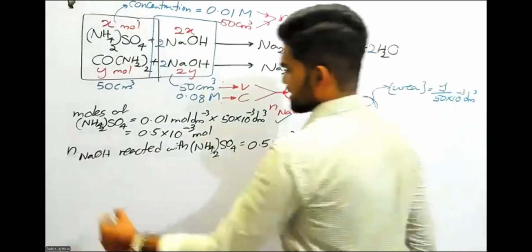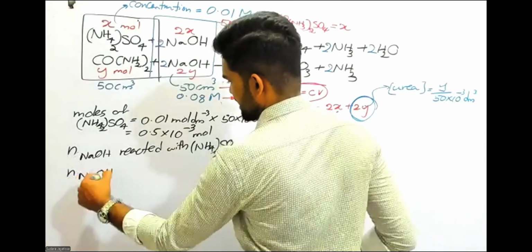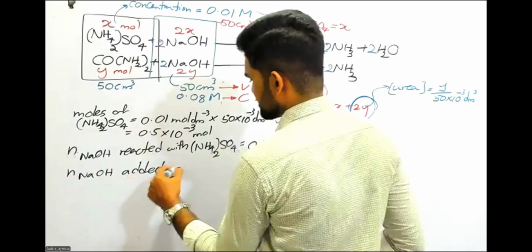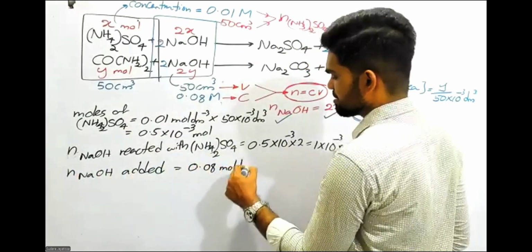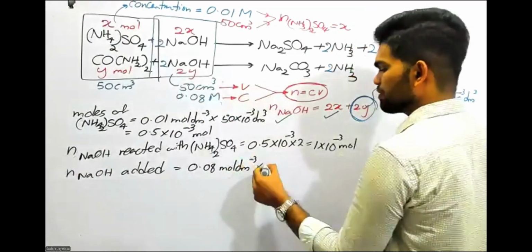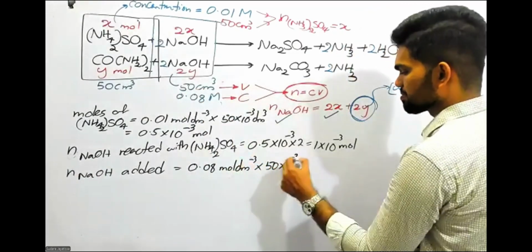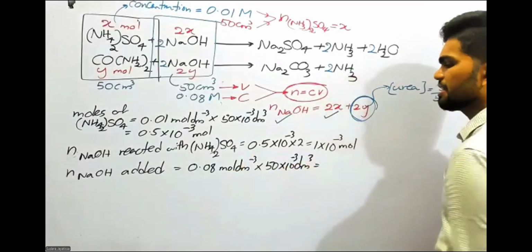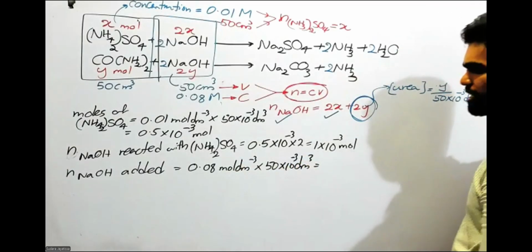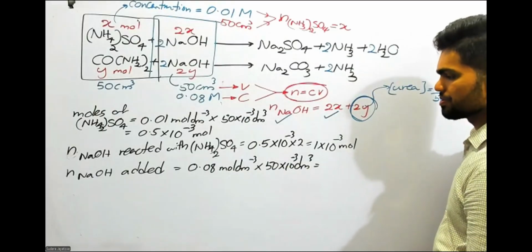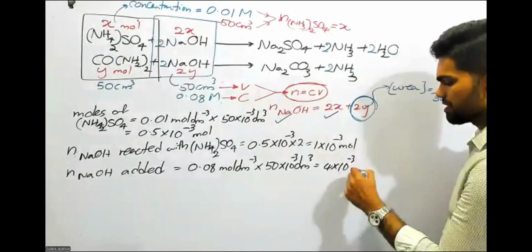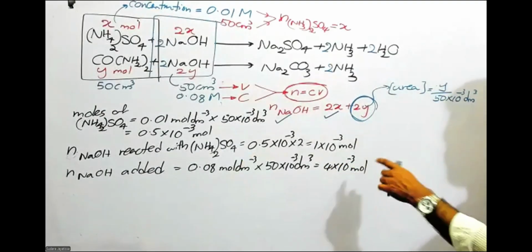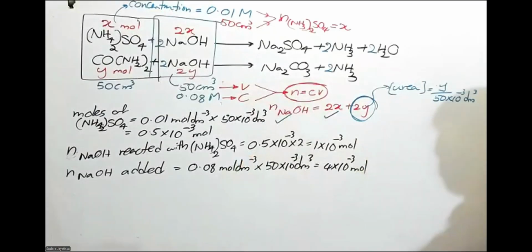Okay. So then let's write moles of sodium hydroxide added. How many moles are added? So 0.08 moles per decimeter cube. We added total of 50 cubic centimeters. So I turned them into decimeter cube. Okay. So 0.8 into, so 8 into 0.5. So 4 into 10 to the power minus 3 moles. So now you can see out of the total moles, only 1 into 10 to the power minus 3 is reacted with ammonium sulfate.